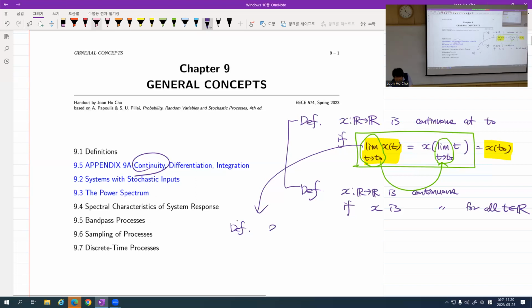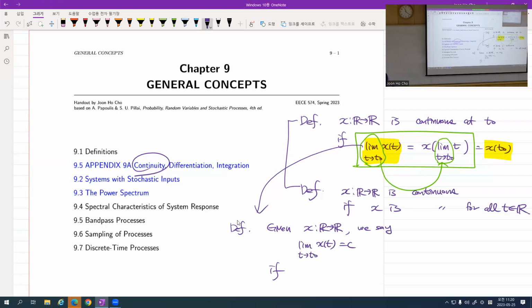Given x, just for simplicity, I will just use domain and range R, okay? Given x, a function, limit of x of t, we say equals c if.